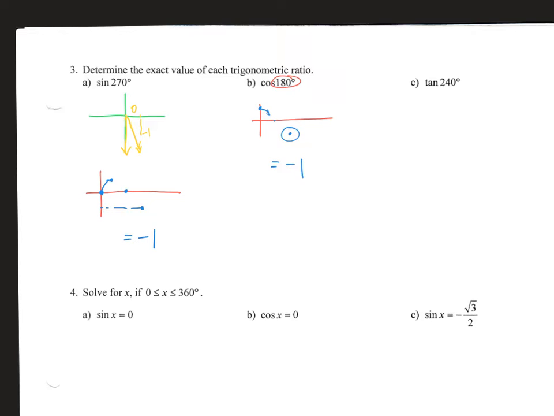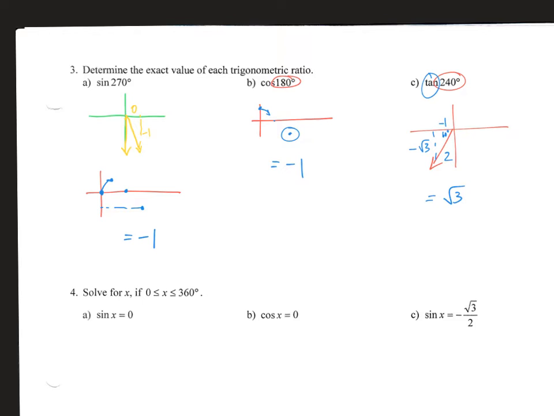Take a look at question C, because I don't want everybody to think that trig curves are the way that we should go all the time. If I was given a question like C, where I've been asked to come up with the value of tan 240, and I know that 240 doesn't put me on an axis, then I would still go back and use rotation angles, figure out my related acute angle, label the sides on that triangle, and therefore come up with your tan ratio, which is opposite over adjacent.